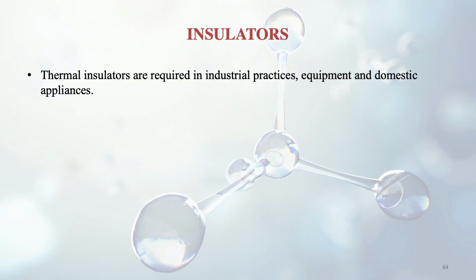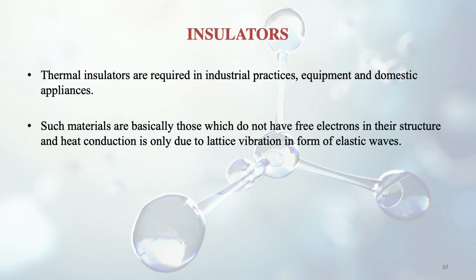Then there are the insulators. As we have discussed already, these are required. Why? Because we don't want the heat to leak out very quickly in certain places, like in industrial practices, equipment and domestic appliances. And these materials are basically those which do not have free electrons, like we discussed earlier.